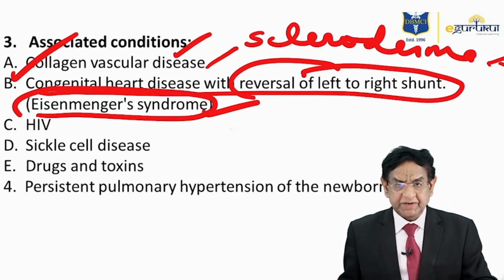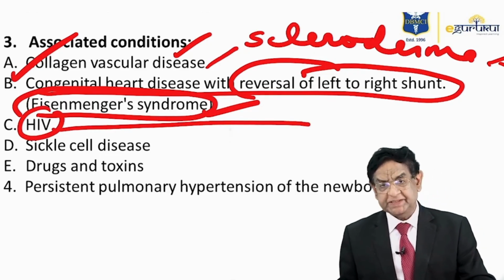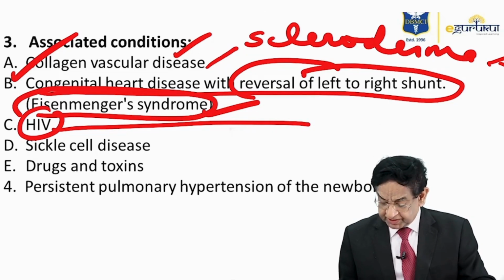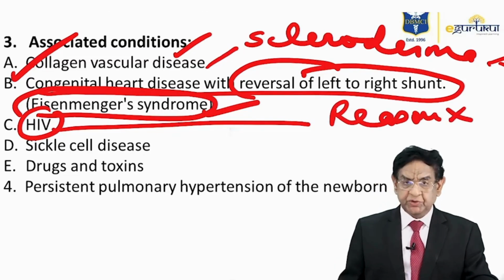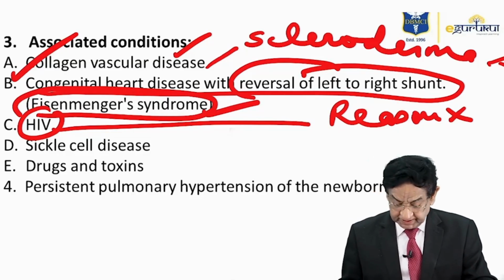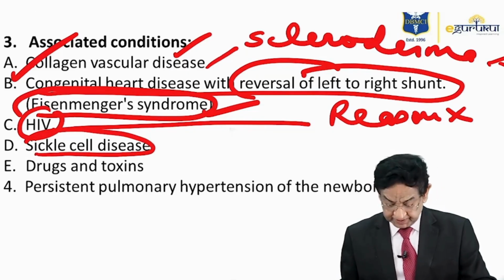And something very interesting, it is seen in HIV also. PAH occurs. But why does this happen? Reason not known. Various theories are given, but nothing is proven. But this happens. Sickle cell disease, we cannot afford to forget.